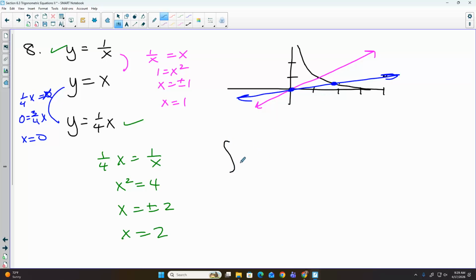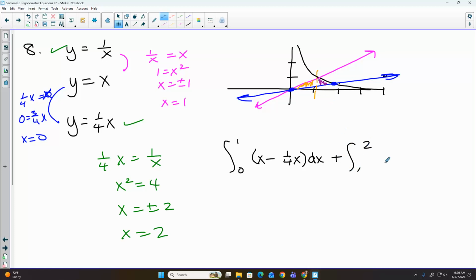But we are going to have to break this one up, because we can see between 0 and 1, I'm talking about these two curves, and between 1 and 2, I'm talking about a different two. So between 0 and 1, my x is on top, and my 1/4 x is on the bottom.